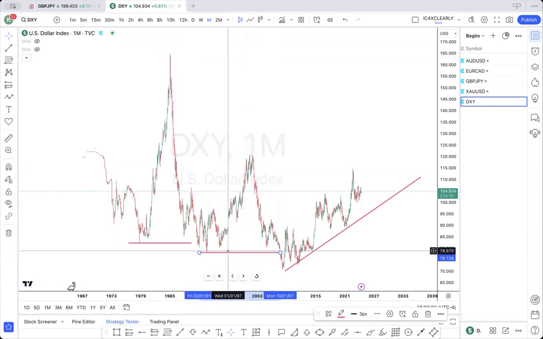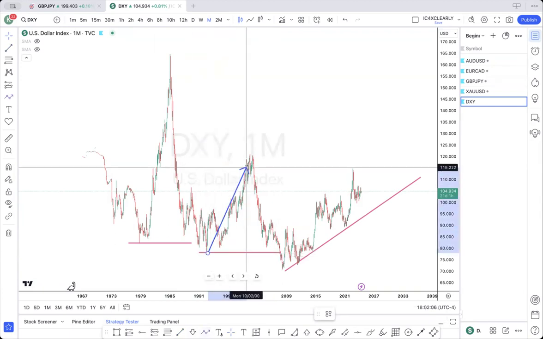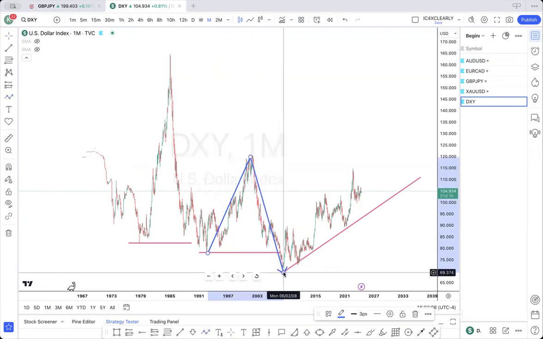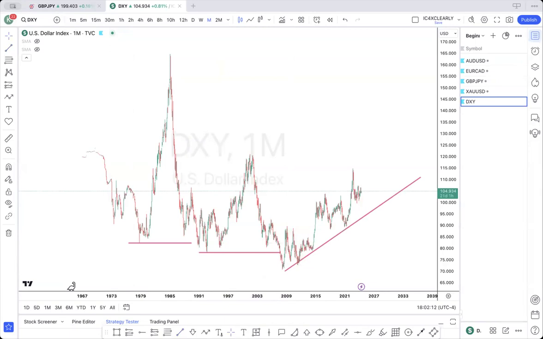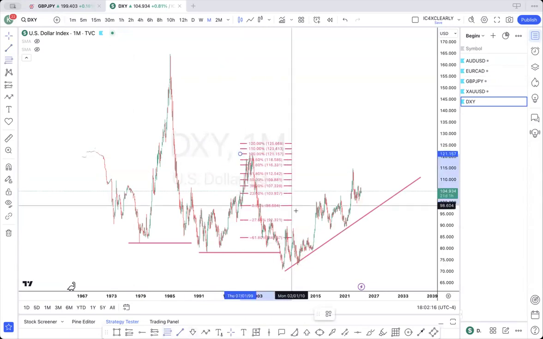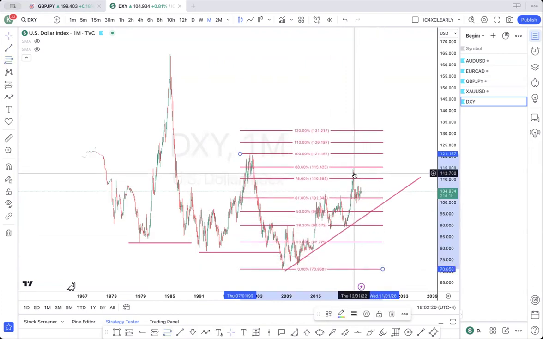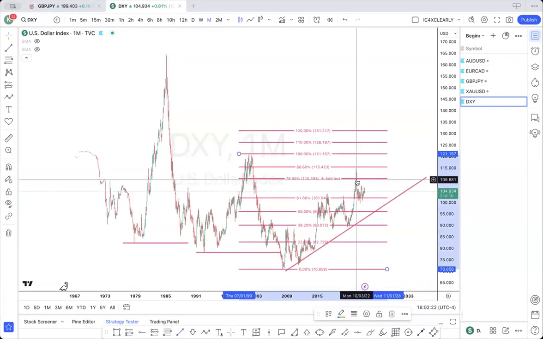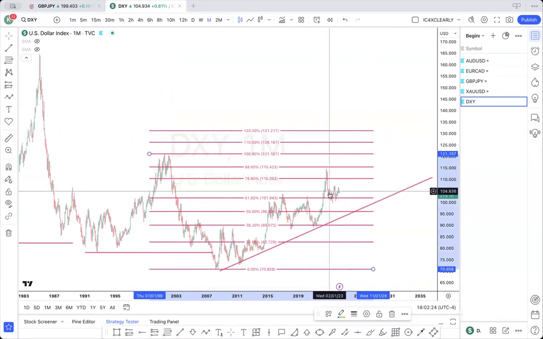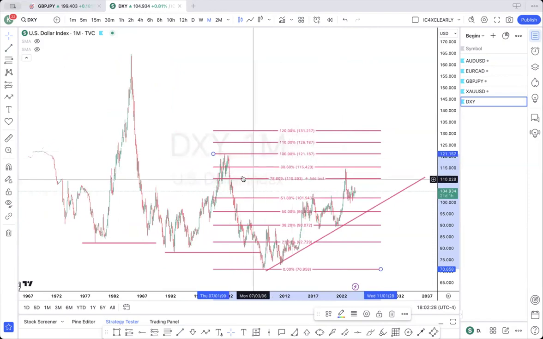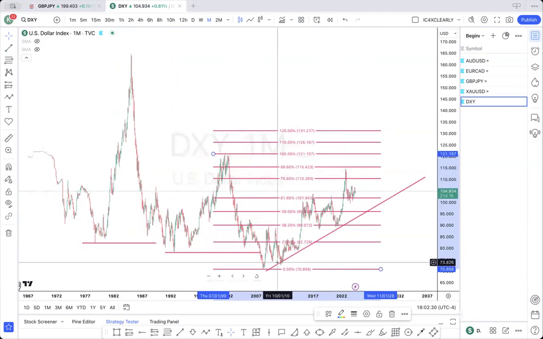So if I'm looking at market structure, my last higher time frame swing is here. Okay, so that means price could possibly go from here to here, tapped into the 78 and has sold back down. Now, okay, so this was the last swing.